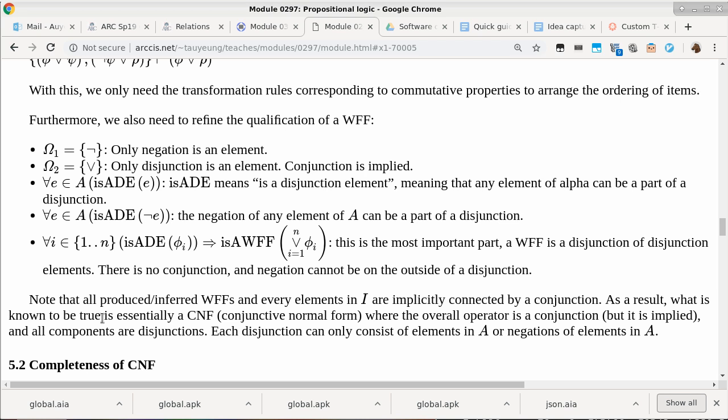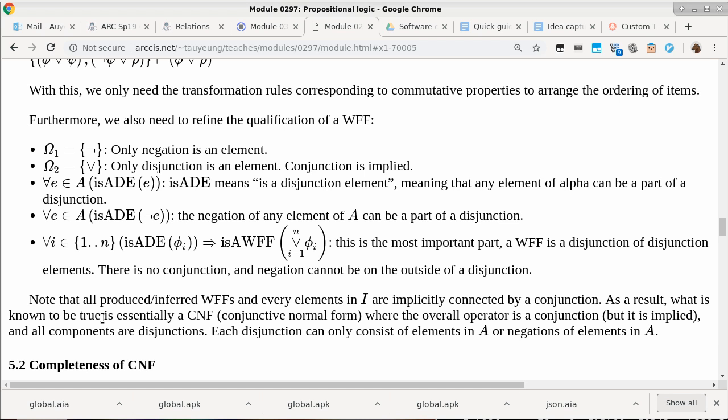And then we introduce this term of a disjunctive element. A disjunctive element is basically everything in alpha is automatically a disjunctive element. So 0 is a disjunctive element, 1 is a disjunctive element. If we have variables p, q, r, s, t, each one is a disjunctive element. The negation of a variable is also a disjunctive element.